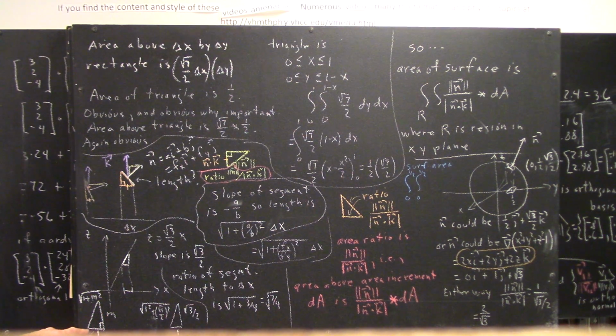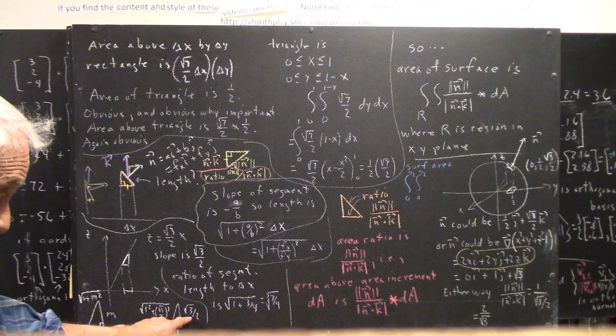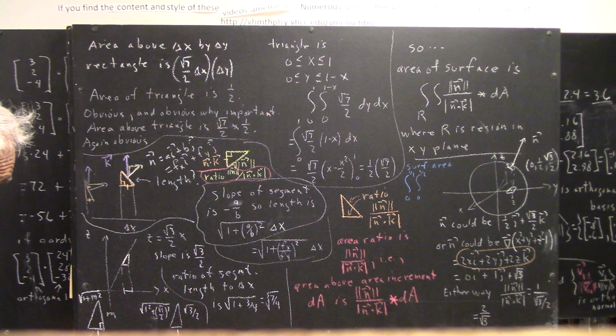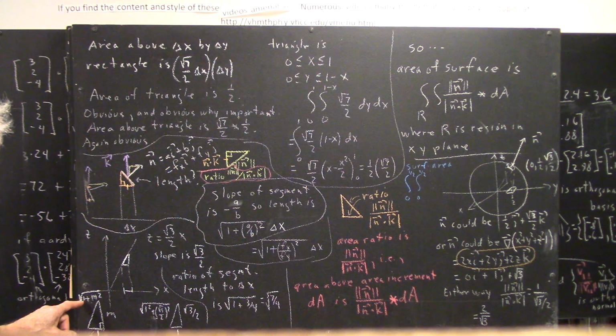In general, if we have 1 unit here and m units here, the slope is m, just as the slope here is square root of 3 over 2 divided by 1. The slope here is m divided by 1, which is just m. And the hypotenuse then, by the Pythagorean theorem, is the square root of 1 plus m squared.